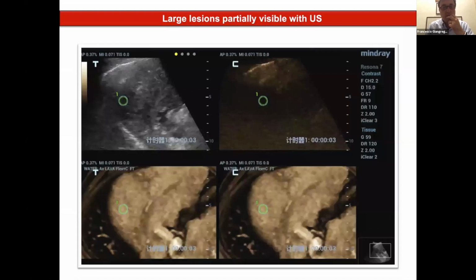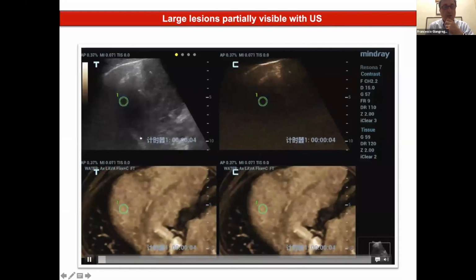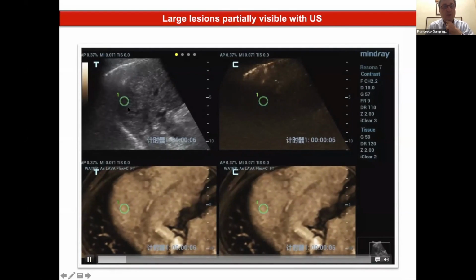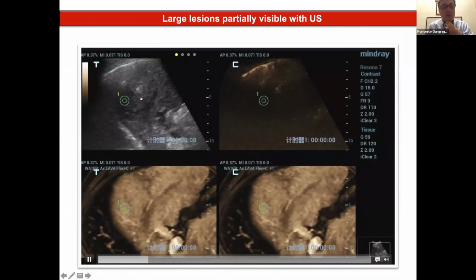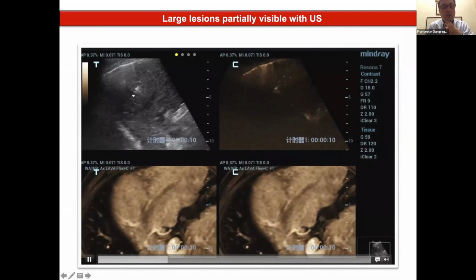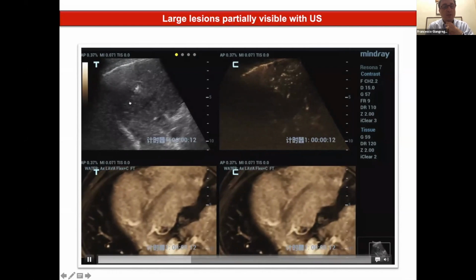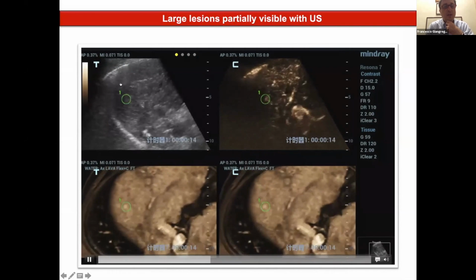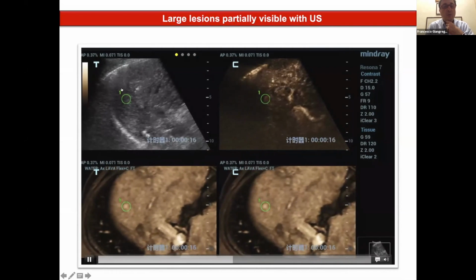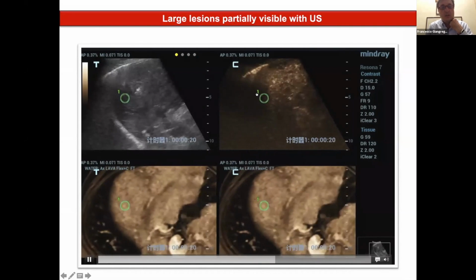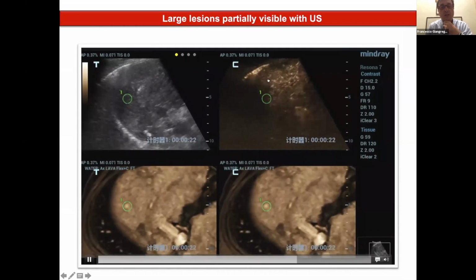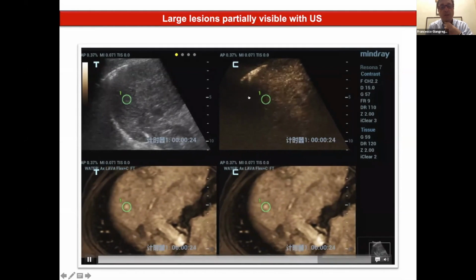Sorry, another case in which there is a big nodule, but you see the nodule only in this part, because there is air, and so with a conventional contrast analysis, we are not able to understand what happened here.